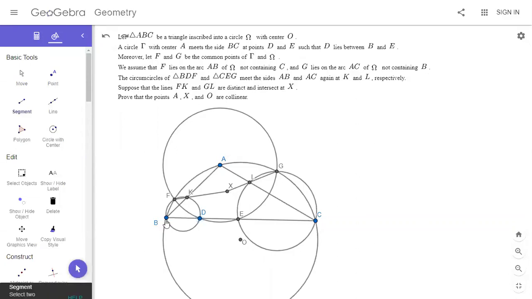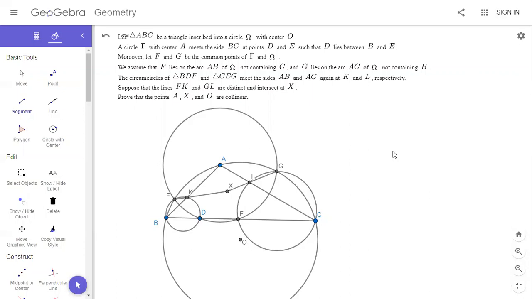What if I drew XB and XC? Hmm. I actually have one more idea here.